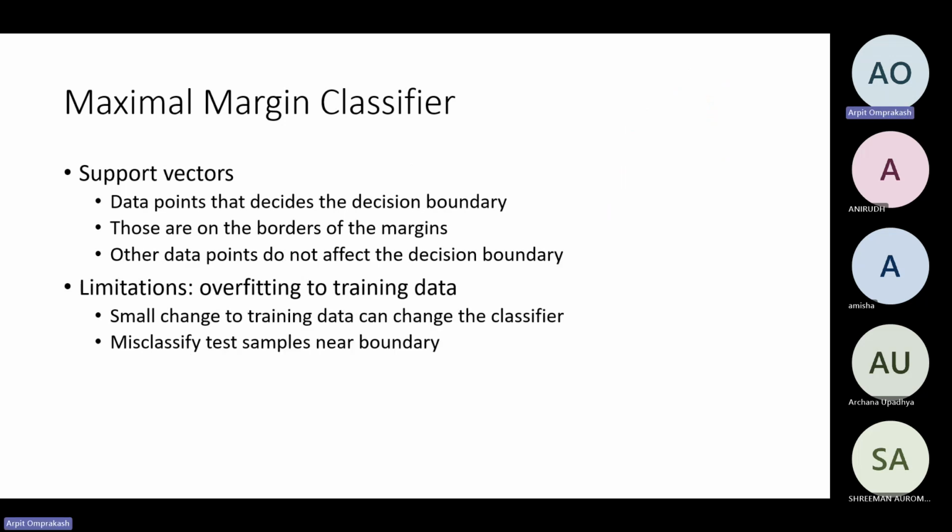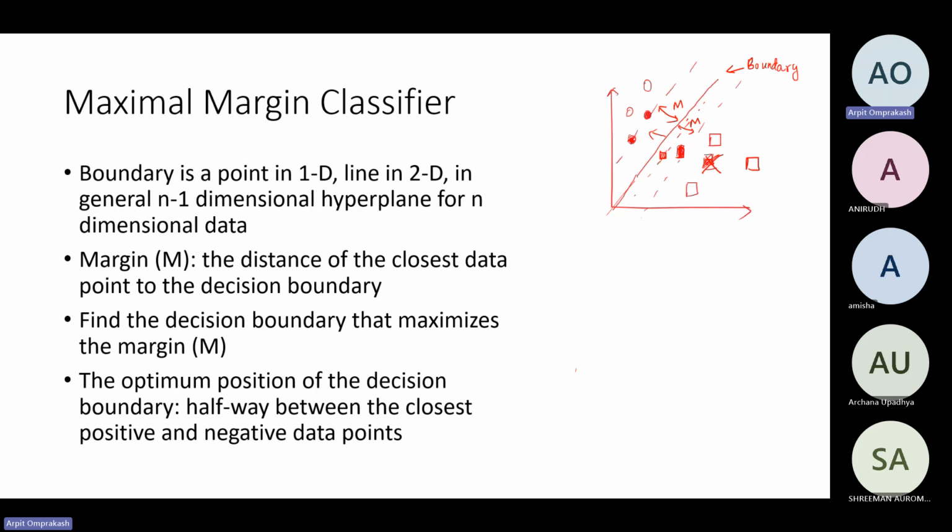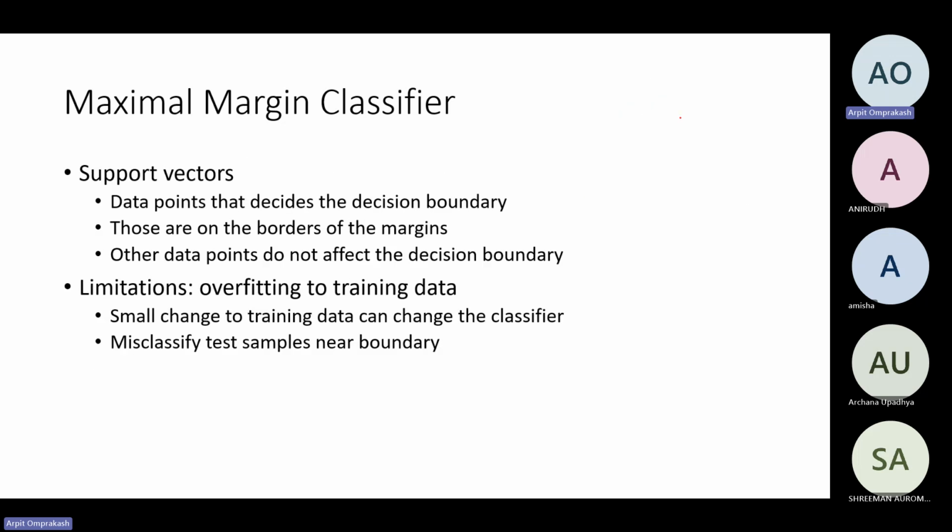The other thing is, if there are samples near the boundary, for example, let's say you have this decision boundary, you have a margin, this is basically your class 2 point, basically your class 1 point, right? So this is our support vector.